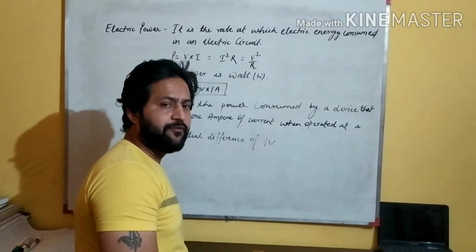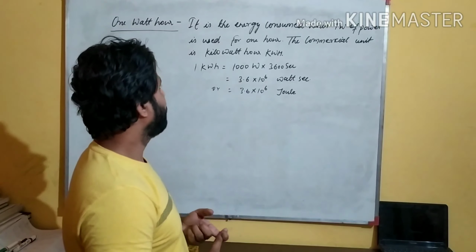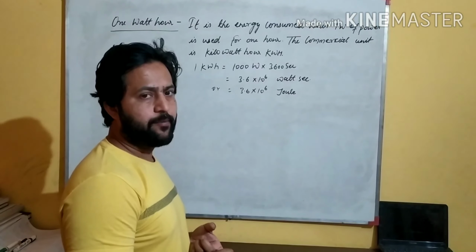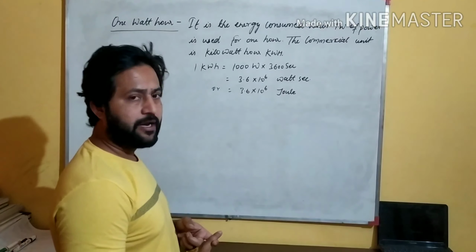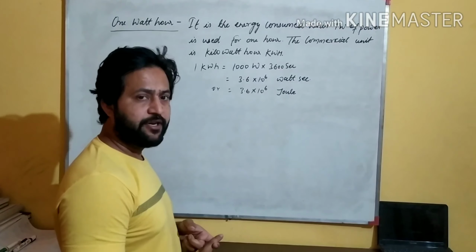Right? Now we define 1 watt hour. It is the energy consumed when 1 watt of power is used for 1 hour. Simply, when we use 1 watt power for 1 hour, then it is called 1 watt hour. Commercial unit is kilowatt hour, kWh. So 1 kilowatt hour is equal to, we convert it, 1 kilowatt equal to 1000 watt and 1 hour equal to 3600 second.